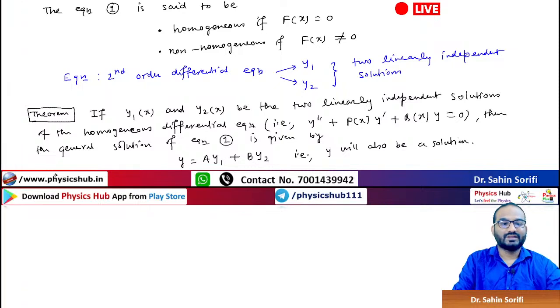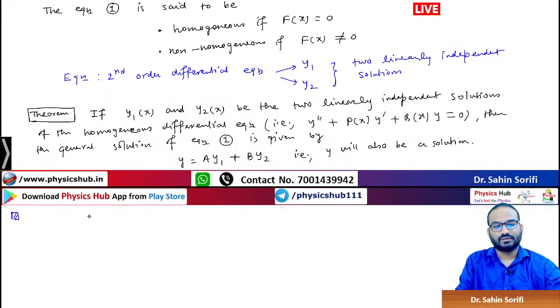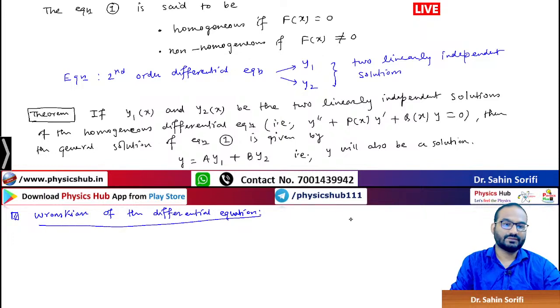Now, there is a term called Wronskian regarding the two solutions y1 and y2. So, what do you understand by Wronskian? The Wronskian of the differential equation. A very simple definition is there, a mathematical definition actually. What do you understand by the Wronskian of the differential equation?